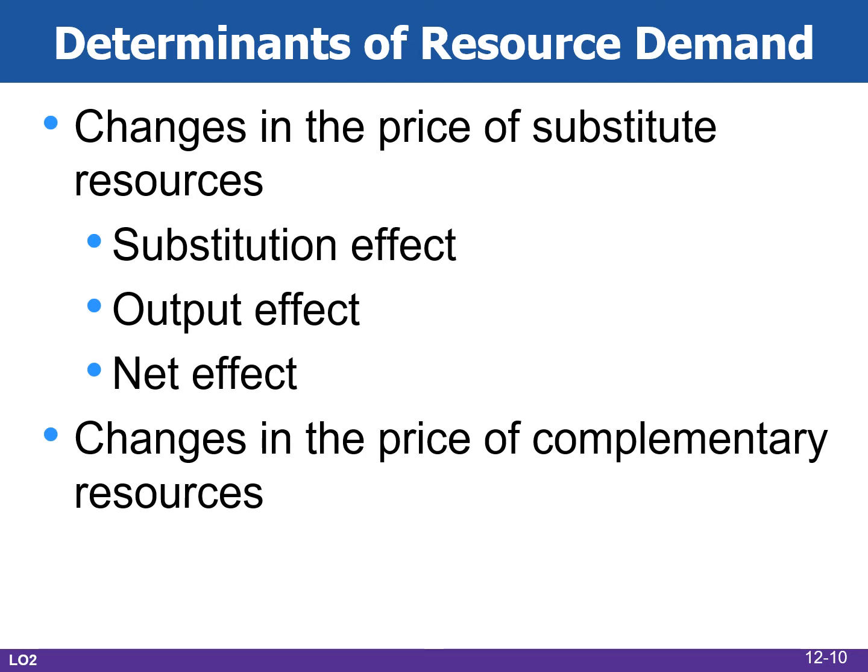Technological advancements have significantly declined the price of the PC. So a decline in the price of personal computers has increased the demand for computer programmers. An important caveat about this relationship between complementary goods, the price of one resource relative to another: it is important to identify that the machine must be operated by a person.